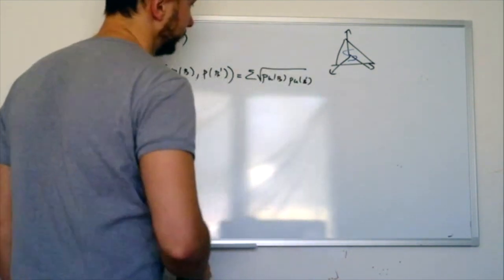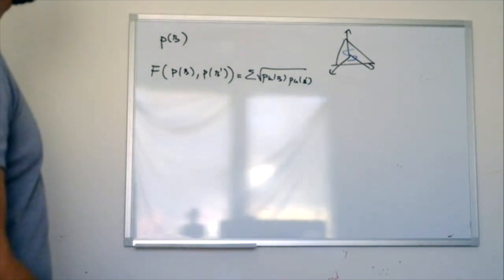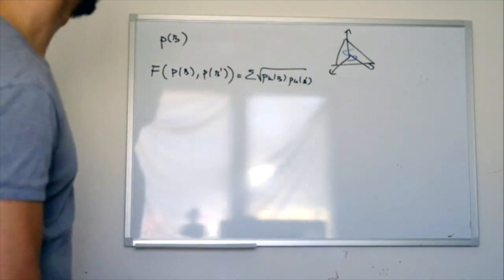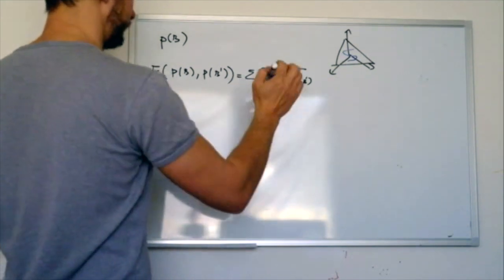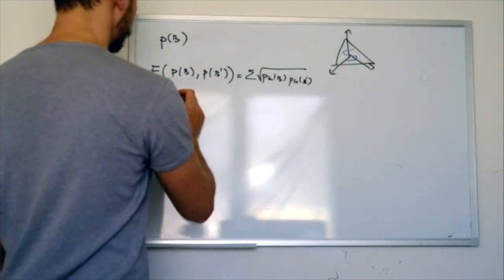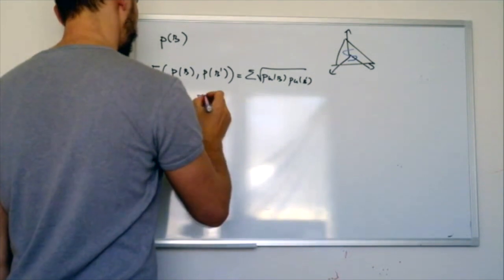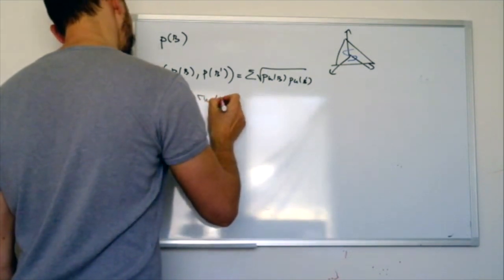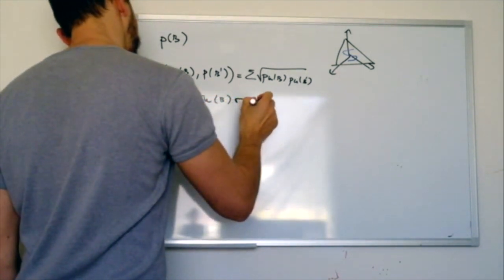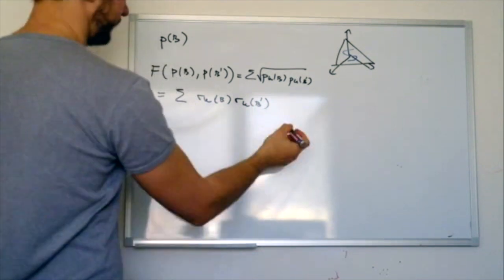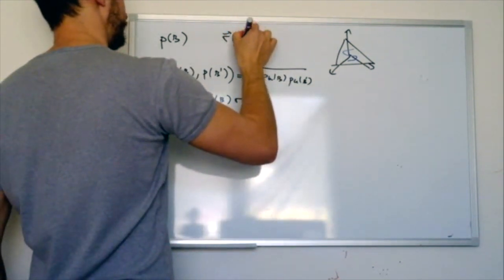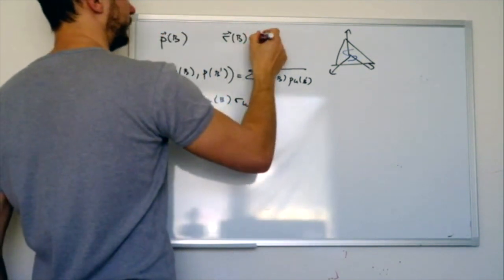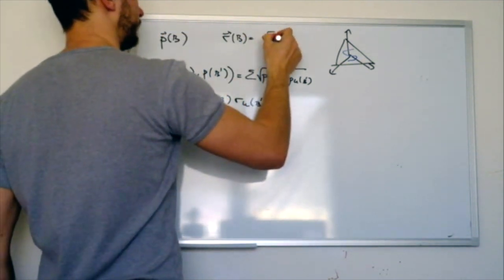This was the definition we gave in the second or third lecture. Now a nicer way to see it is as the overlap of two vectors, the sum of r_k of b times r_k of b prime, where we define a vector r of b, so that r of b is just equal to the square root of p of b.